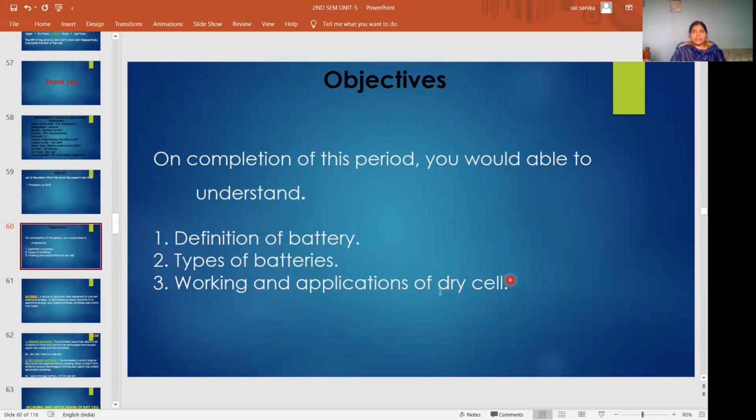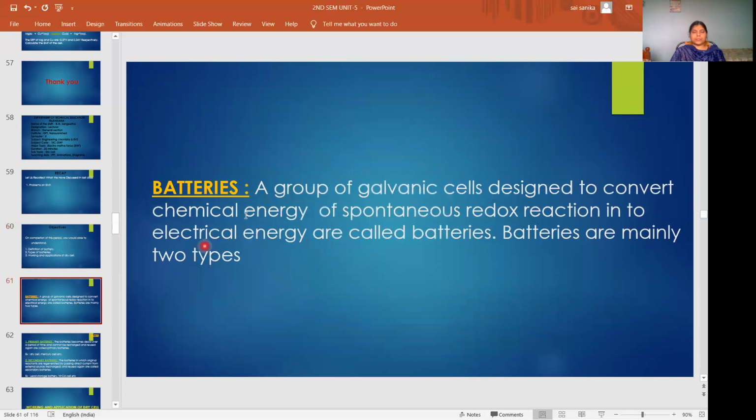Before going to the dry cell, we'll study what a battery is and what the types of batteries are. So what is a battery? A group of galvanic cells designed to convert chemical energy of a spontaneous redox reaction into electrical energy are called batteries.